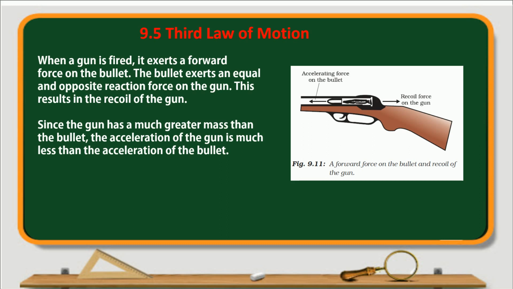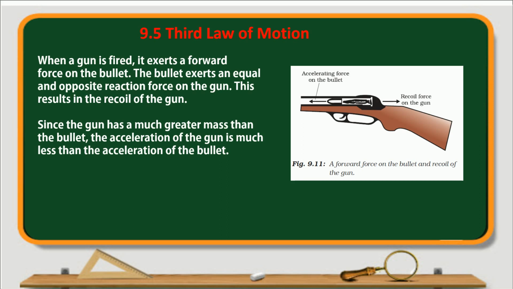But when the spring applies a force on the bullet, at the same time the bullet applies a force on the gun, so that the gun starts to move backward. This is called the recoil velocity. The velocity with which the gun moves backward is called the recoil velocity, because of the recoil force applied by the bullet, understand?